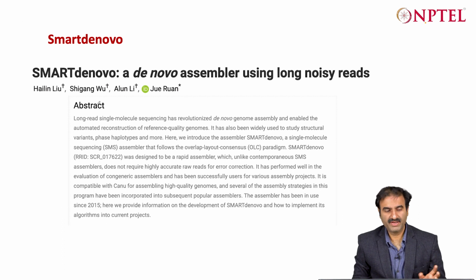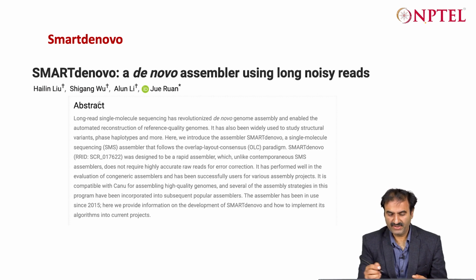Okay, the third assembler is SMARTdenovo, which is good for long noisy reads, basically the Nanopore or PacBio reads. And it can produce reconstruction of reference quality genomes, de novo assembly.